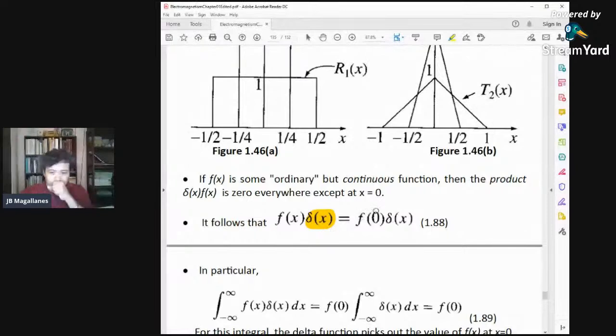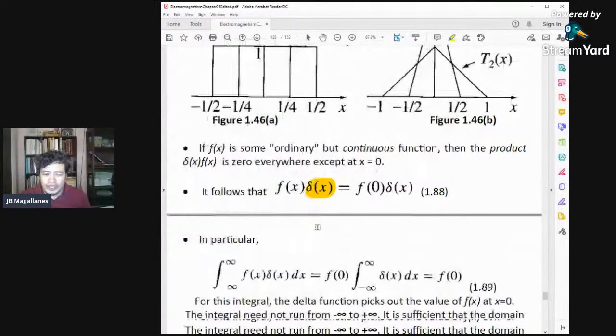So this can be rewritten as f of 0 delta x, because only at x equal to 0 does this delta function have a value. So these are equal.